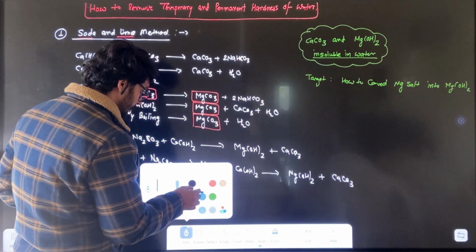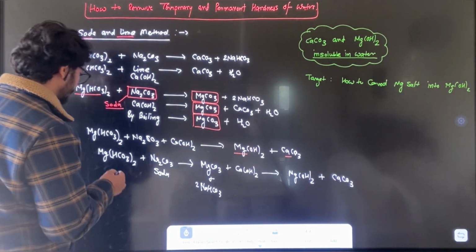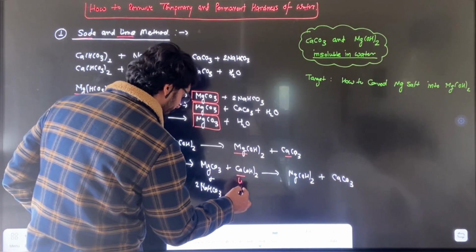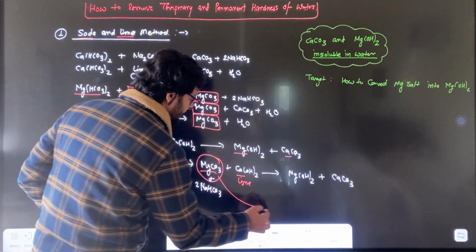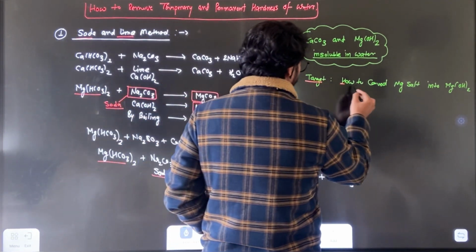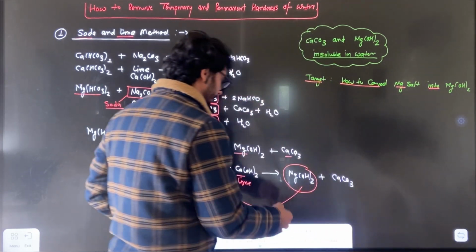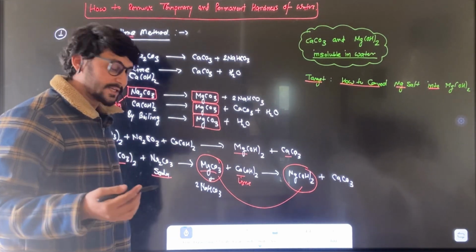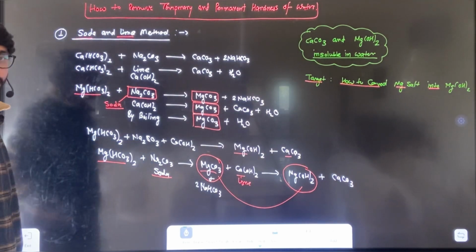That's why I write two salts, magnesium hydroxide and calcium carbonate, because when magnesium bicarbonate reacts first with soda and after that lime, we can convert magnesium carbonate into magnesium hydroxide. We complete our target, how to convert magnesium salt into magnesium hydroxide, right? So through this method we can easily solve the problem which arises with the magnesium bicarbonate salt. So this is basically the soda lime method, right?